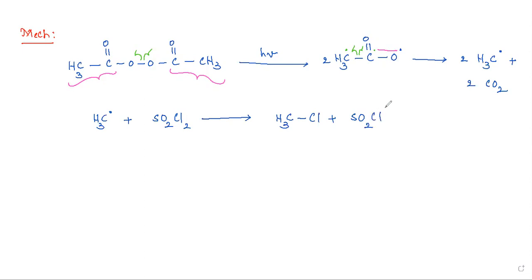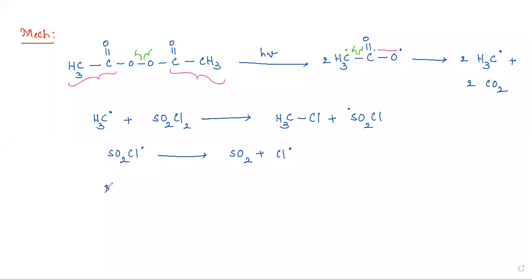Then, of course, the other free radical, the SO2Cl free radical. Now, this SO2Cl free radical forms a chlorine free radical this way.